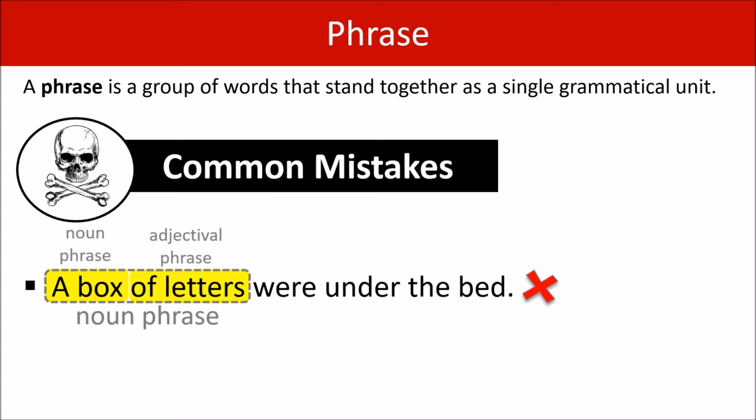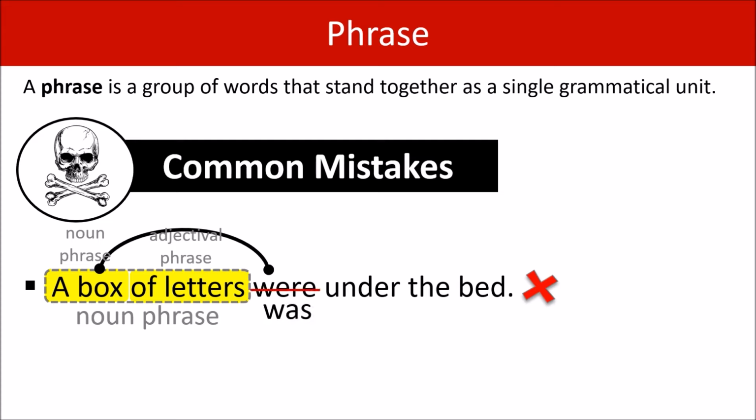In this whole noun phrase, a box of letters, the head noun is box, which is singular. Of letters is just an adjective. It doesn't determine the verb. So this is wrong. It should be was. A box of letters was under the bed.